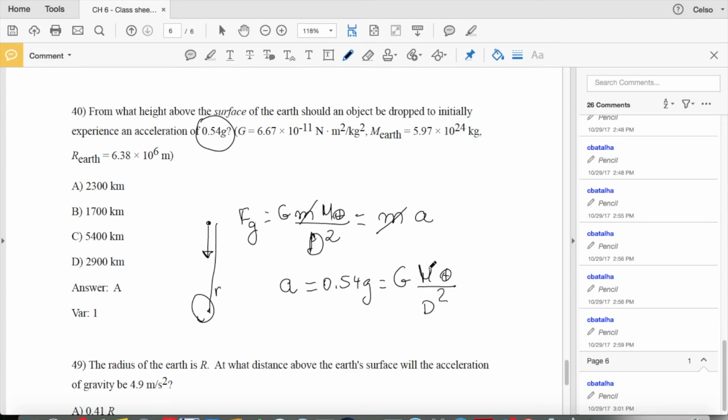Then since G is a constant, and the mass of Earth is given, and G is 9.8, once you plug these quantities in the equation, you can find d. d is determined.